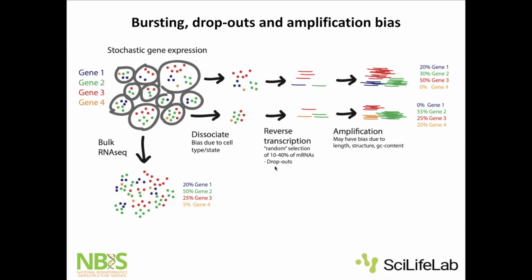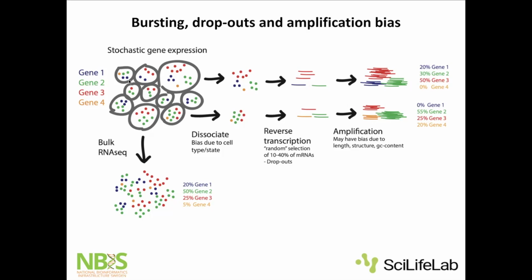Depending on the method we're using, there are no really good estimates, but I would say probably the best methods now are catching 40% of the mRNAs we have per cell. So this is what I would call a dropout, while the zeros we get from the bursting are just due to the stochastic gene expression.